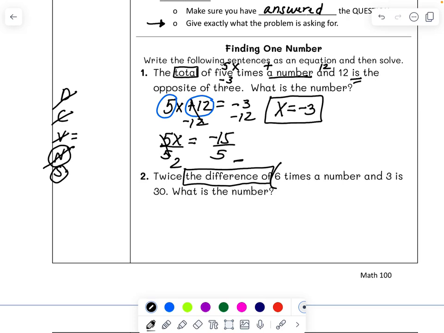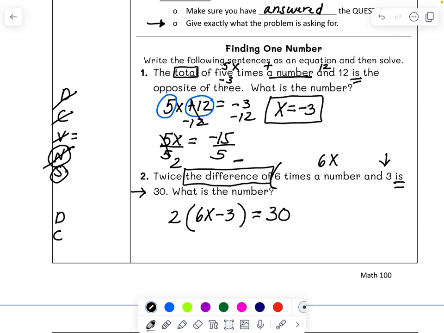So 6 times the number is going to be 6x, and then we have this 3 here. It's going to be in parentheses. Then we're going to multiply that by 2. Remember, is is our equal sign, and then we have 30, which is going to give us the other side of our equation. What's the number?